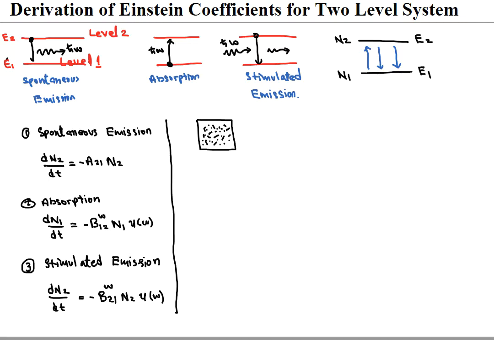So by following this Einstein analysis, we can quickly write that absorption will be equal to spontaneous emission plus stimulated emission.